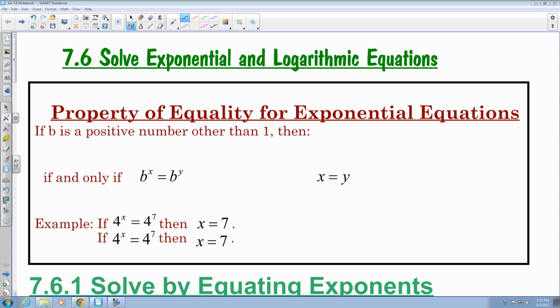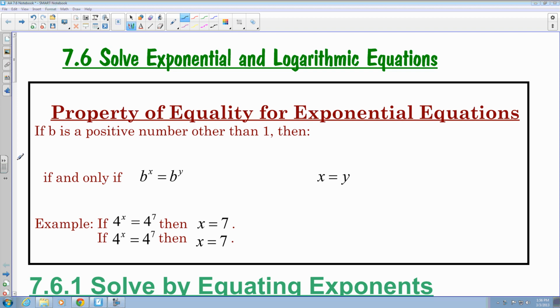All right. We're in section 7.6 where we are going to solve exponential and logarithmic equations. Basically, in this section we are given a variable in our exponent.